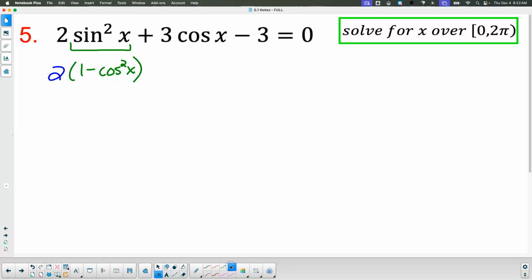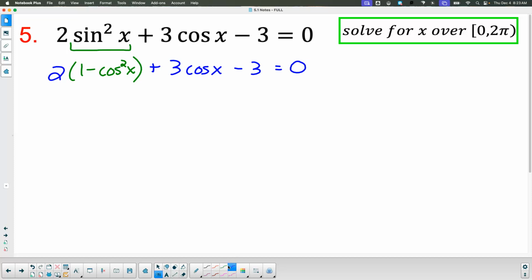And now, why does that help us in that new line? Because now we can factor, because now it's all one trig identity. Okay? So we can distribute the 2 here.